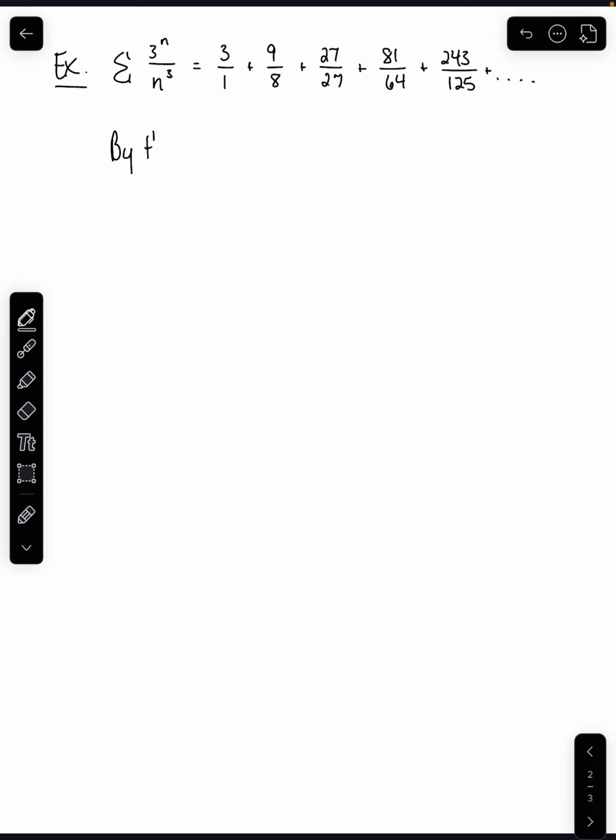So by the ratio test, we would be looking at the limit as n approaches infinity of 3 to the n plus 1 over n plus 1 cubed over 3 to the n over n cubed.